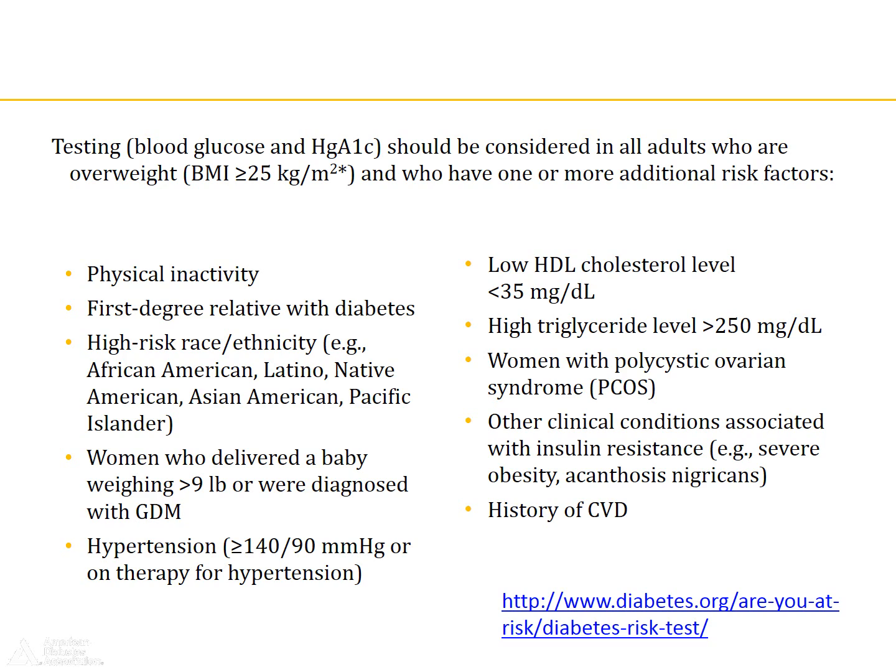Elevated BMI, physical inactivity, first-degree relative with diabetes, high-risk race and ethnicities, Black, Hispanic, Native American, a couple other listed in there. Gestational diabetes, hypertension, low HDL, elevated triglyceride, polycystic ovarian syndrome, couple other things in here, other clinical conditions that have been associated with it.